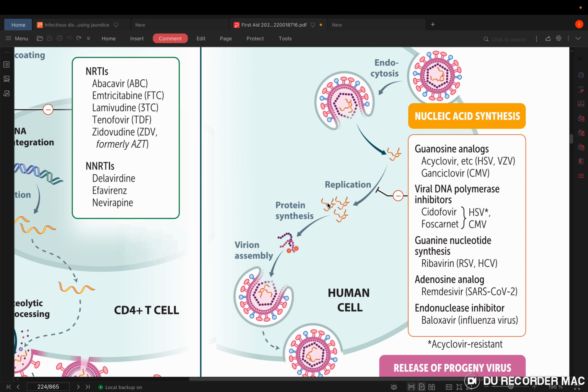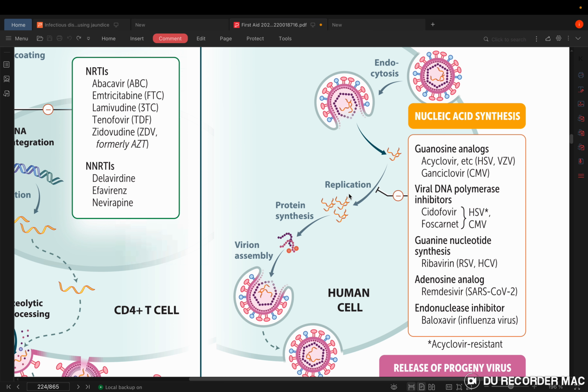Yep, into more DNA, absolutely. So we are making DNA into more DNA, and if we utilize some drugs, we can inhibit this process. For example, if we inhibit the DNA polymerase in the virally infected cells, that will be perfect. And that's how foscarnet and cidofovir work.